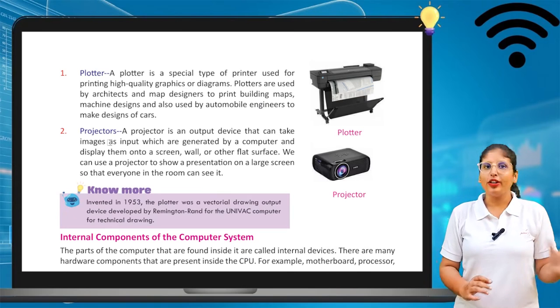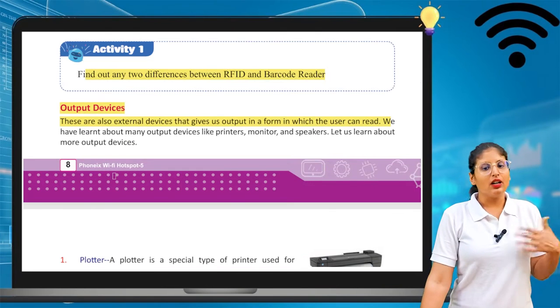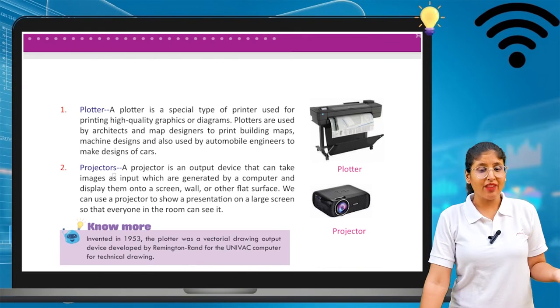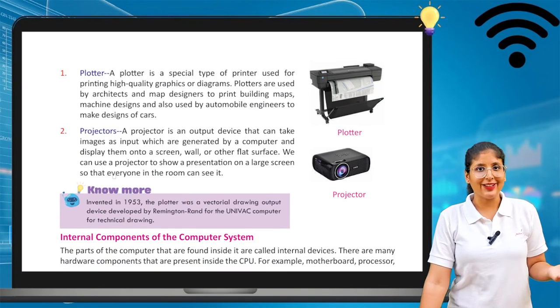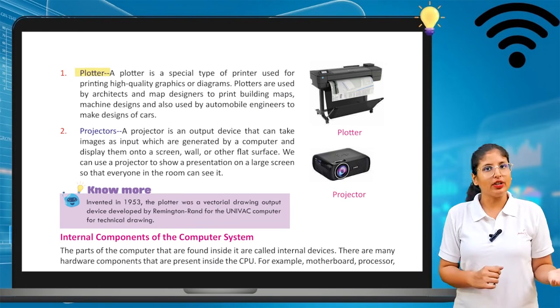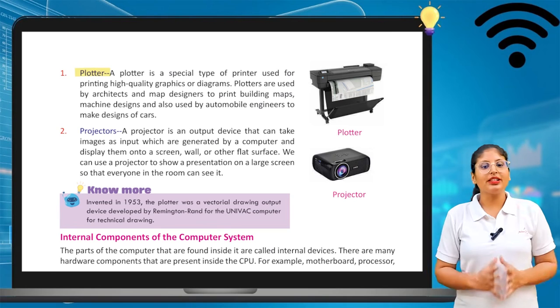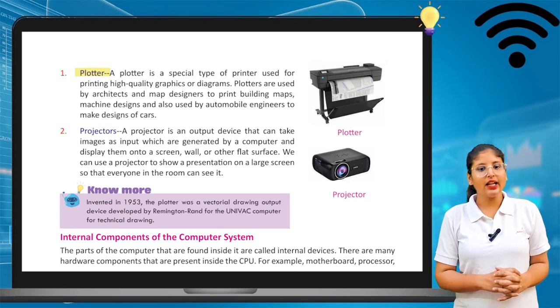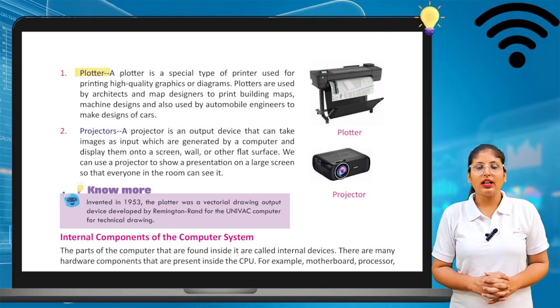Okay, monitor and speaker, we already know what a speaker, printer and monitor are, but we have to see some other output devices. Okay, so first is the plotter. So what does a plotter do? A plotter is a special type of printer used for printing high quality graphics or diagrams.